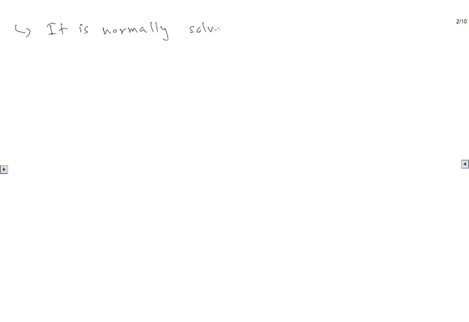It is normally solved assuming a solution of the form y equals x to the lambda.